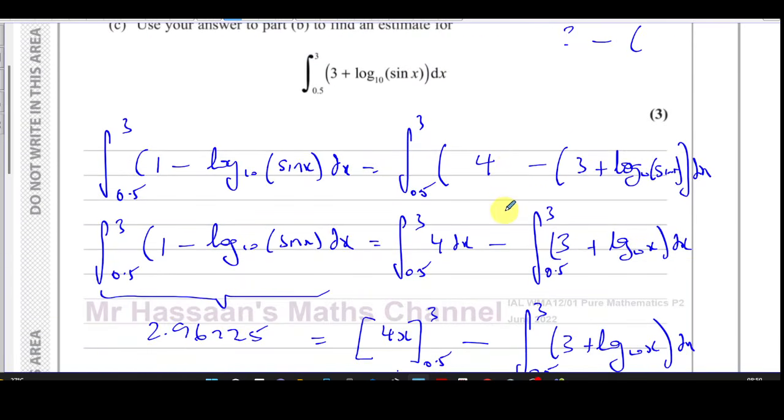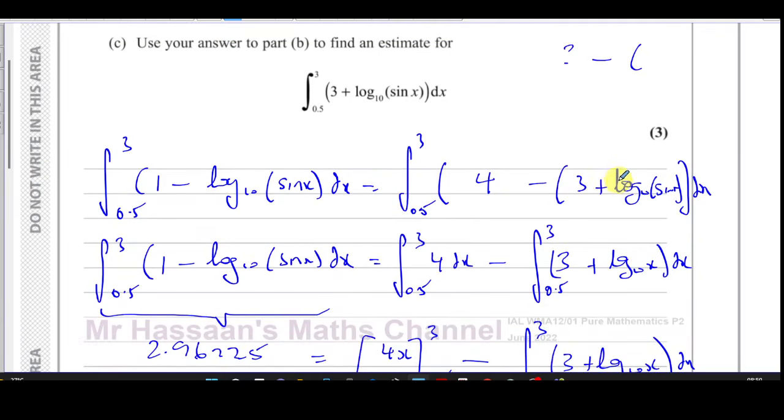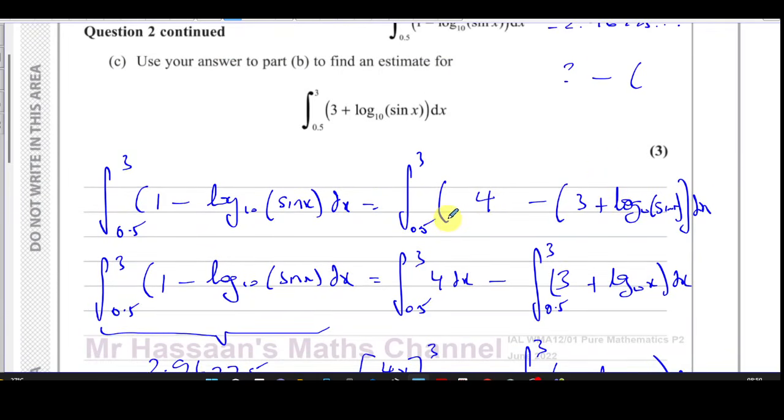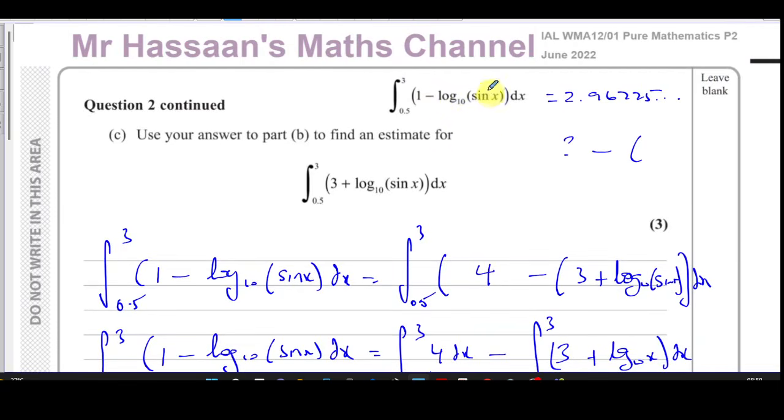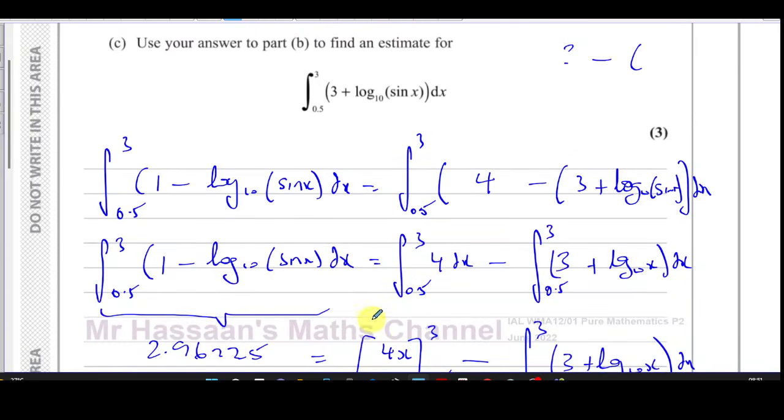Now this is quite important for us to understand how to deal with such questions. It's not something that you can just guess completely. You have to use some logic. What logic did I use? I knew I had to end up with a minus log to the base 10 because I need to replace an expression. So I had to express it in a way that I've got this expression in there.